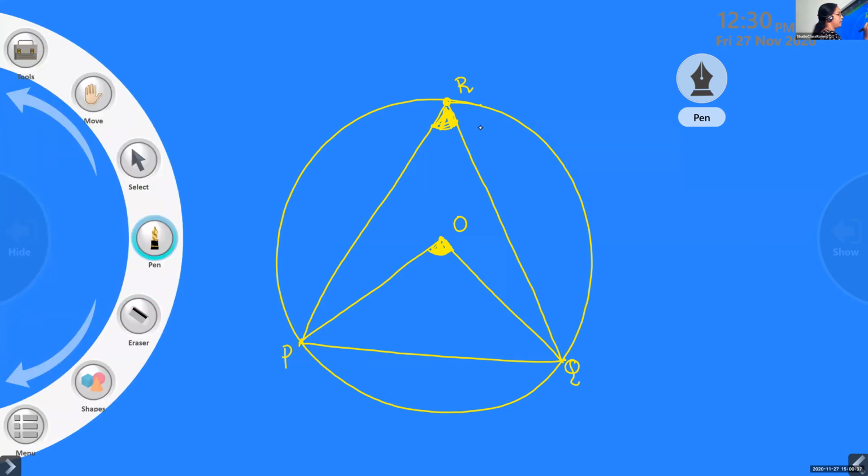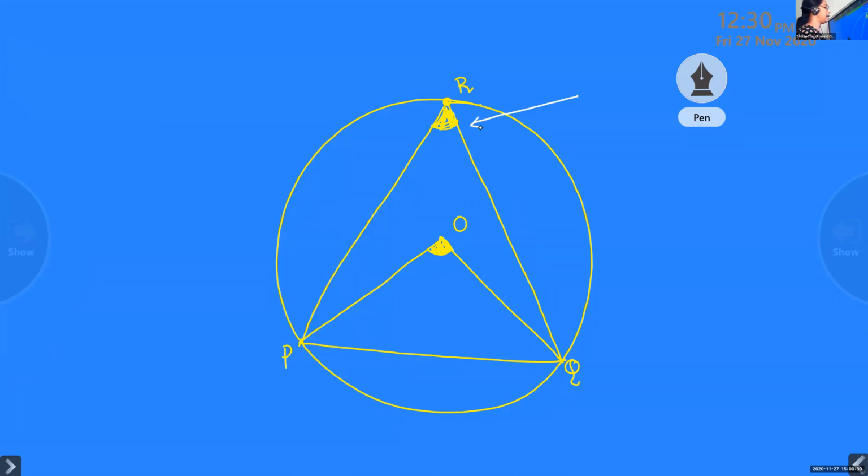There are theorems based on this concept, based on these angles. There are some more theorems to study. Angle subtended by the chord at the point on the circle is the first one.